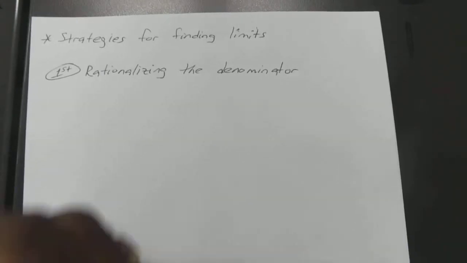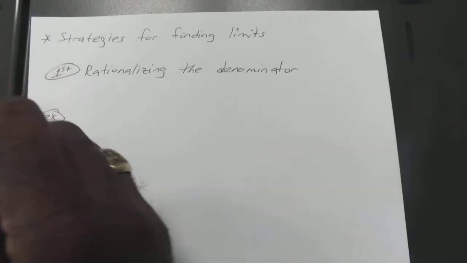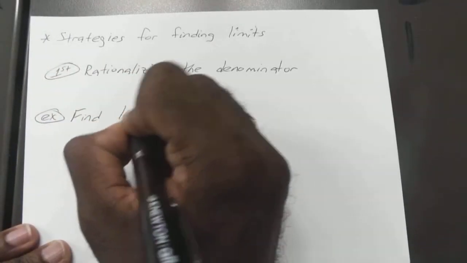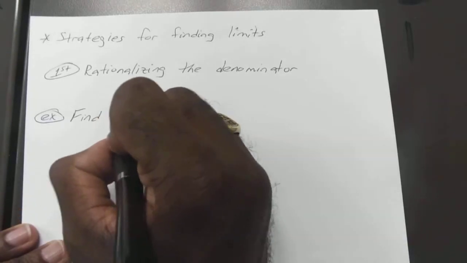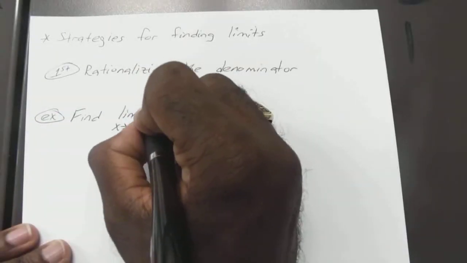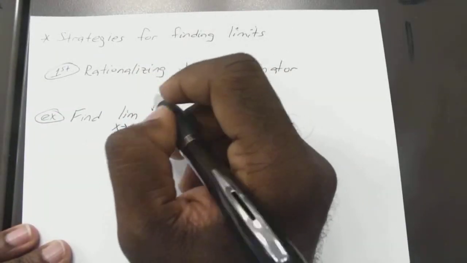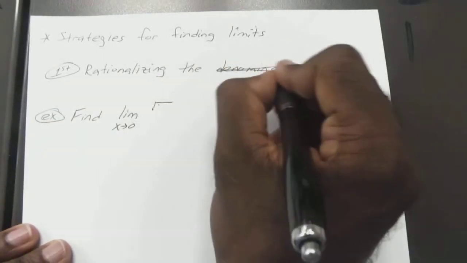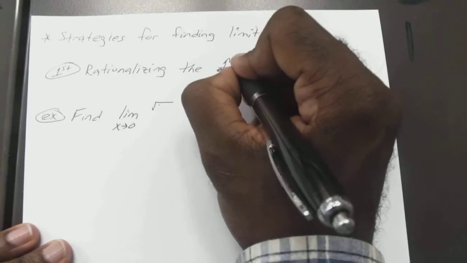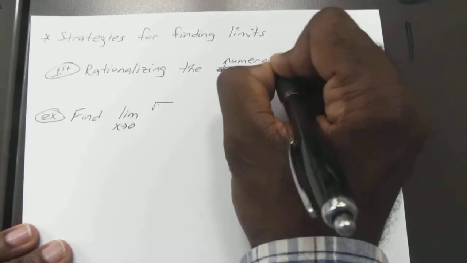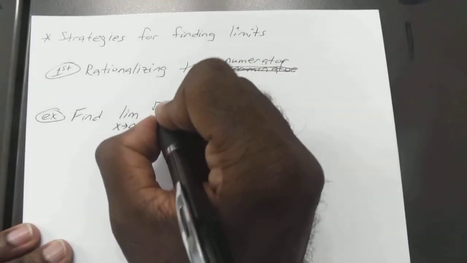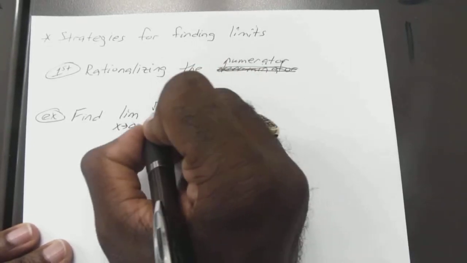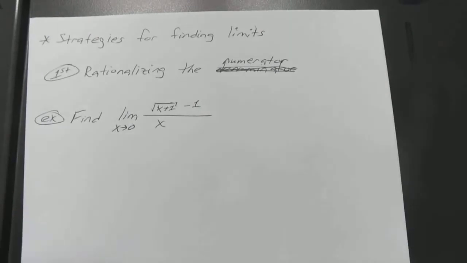Okay, so let's say, for example, you wanted to find the limit as x approaches 0 of the square root of x plus 1 minus 1 over x.